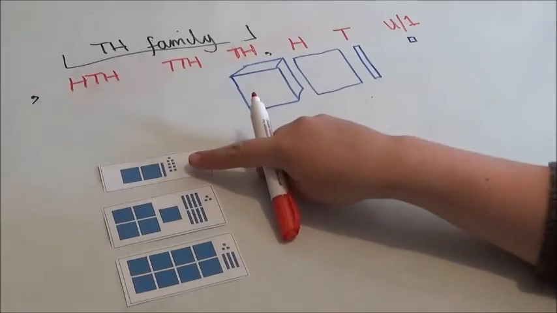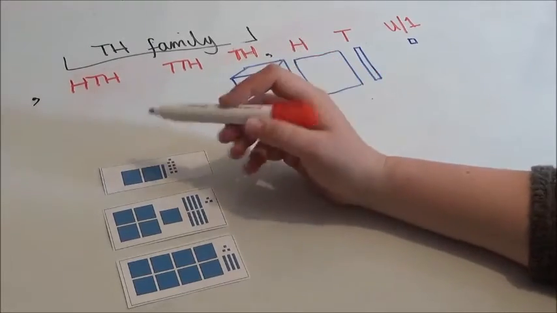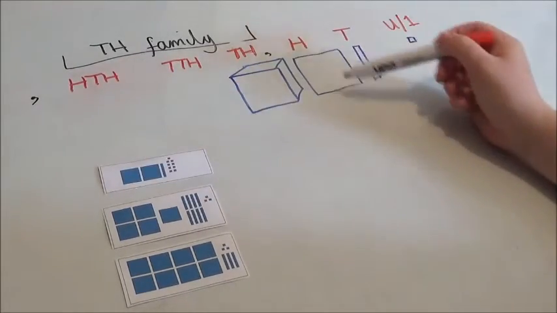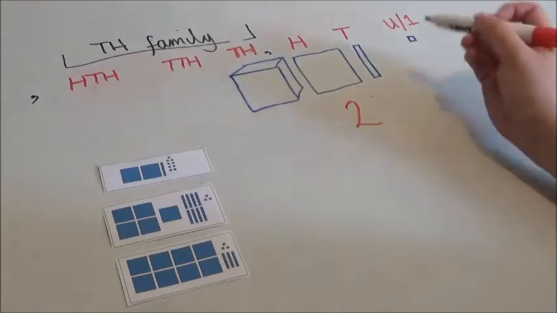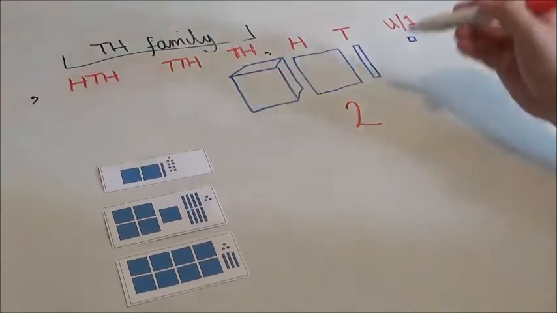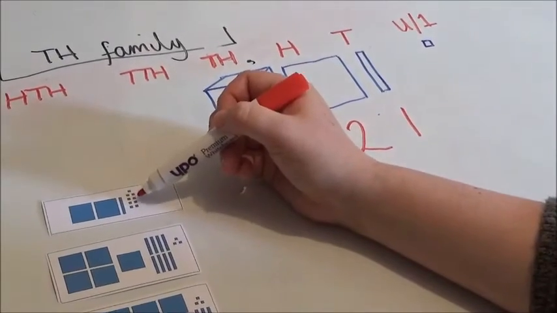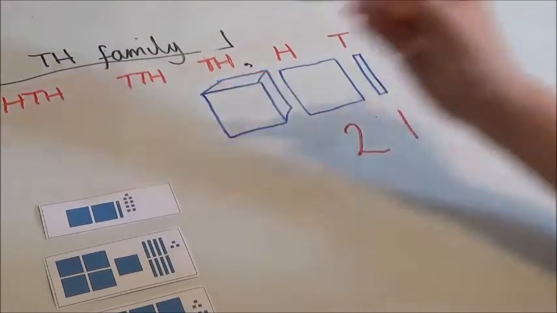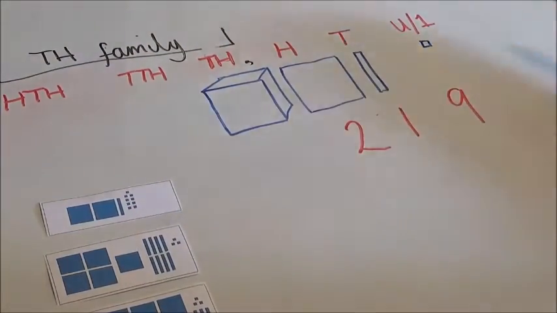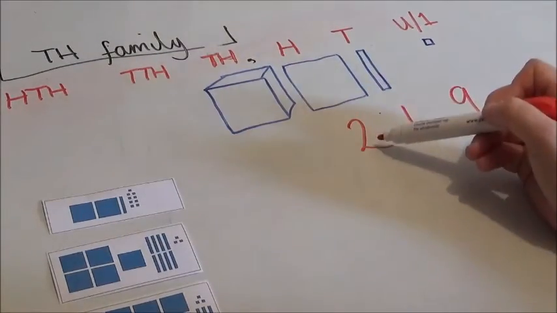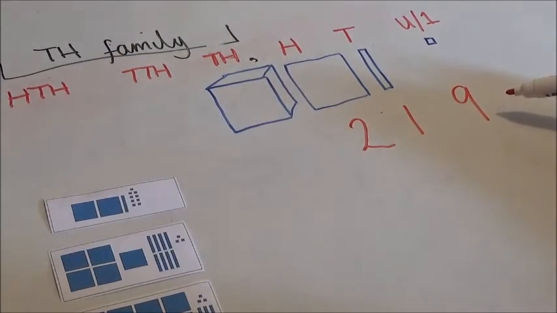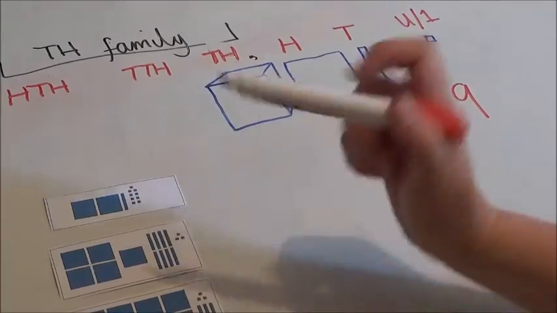Okay, let's go through the answers. Let's have a look at this one here. You can see that we've got 2 hundreds. We've got 1 ten, and we've got 2, 4, 6, 8, 9 units. Our number now being 219. The next one.